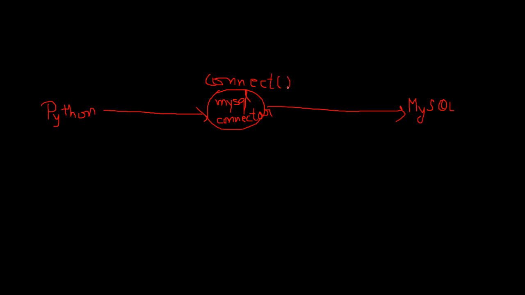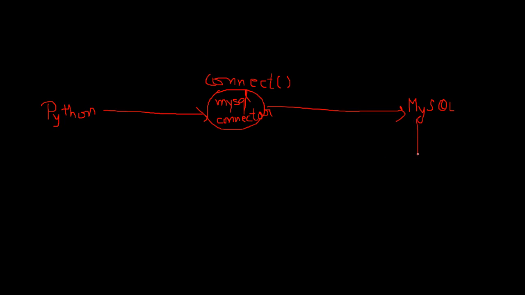Suppose we issue the command select star from employee. In MySQL there is a table named employee which contains records of the employees. When we issue this command, what will happen?